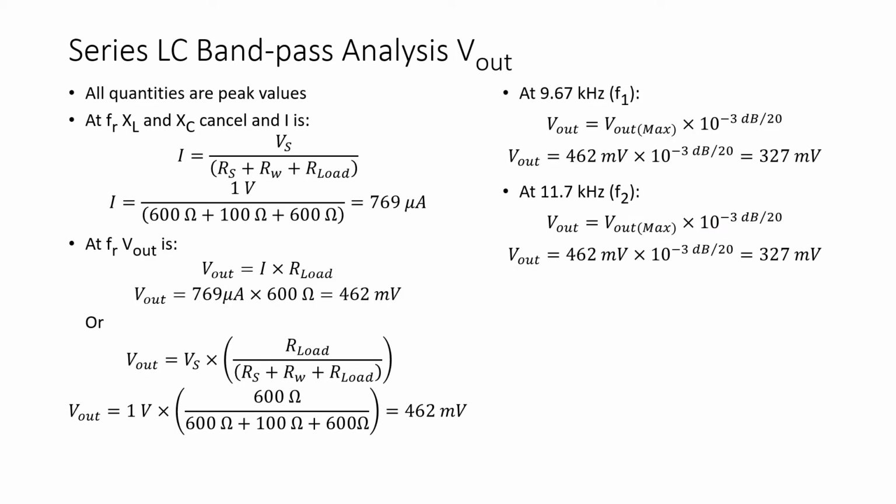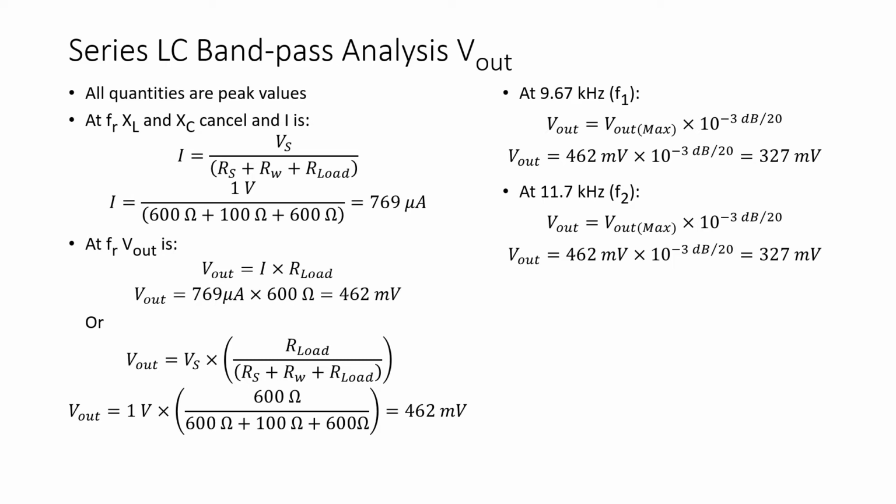Now we'll look at the analysis to calculate V out for the circuit of Figure 1. Again at resonance, X sub L and X sub C cancel, and the only opposition to current in the circuit is the series combination of RS, RW, and R load. So the current in the circuit at resonance is 769 microamps.